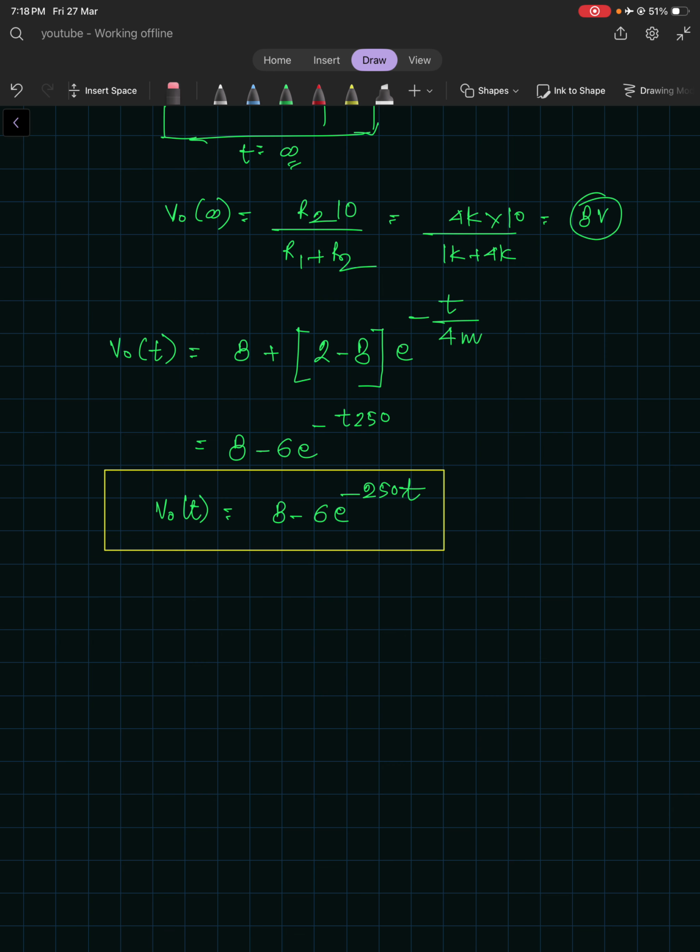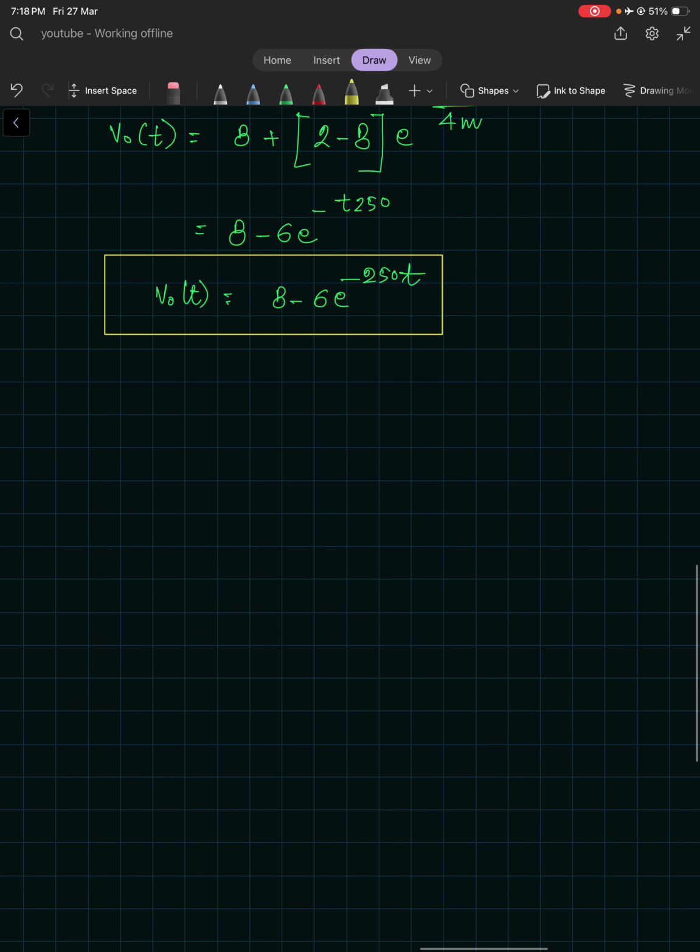Now if you simply draw it again, initially it was 2 volts and finally it was 8 volts. This is 2, this is 8.